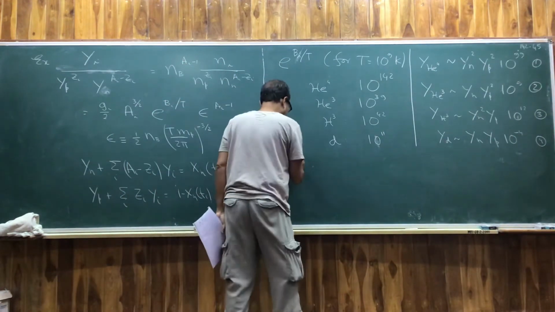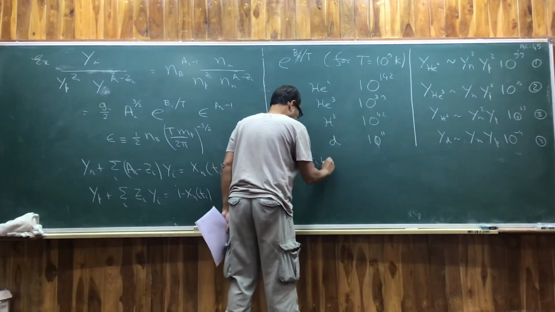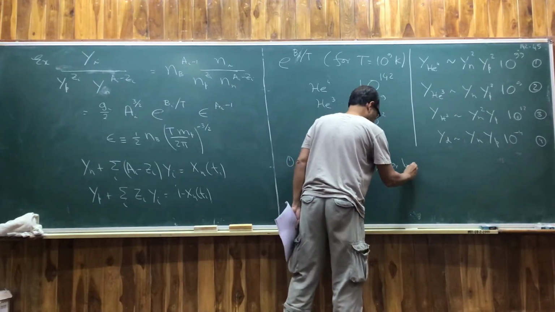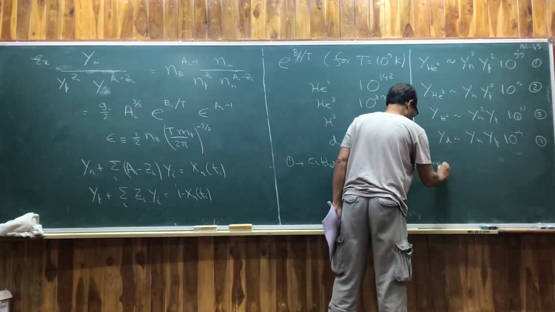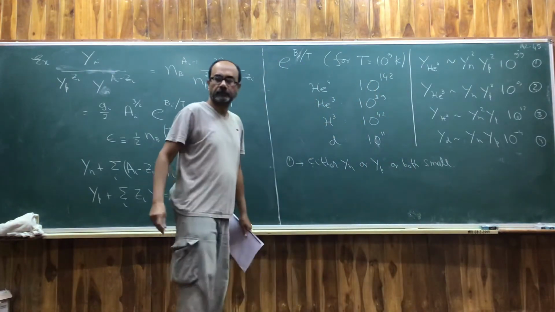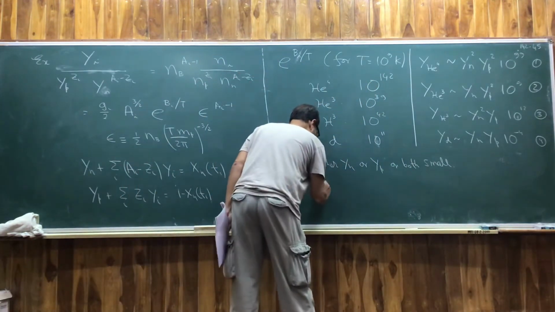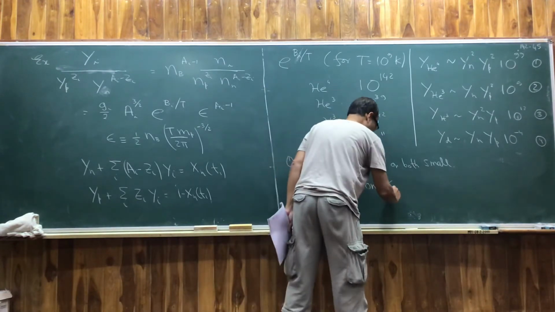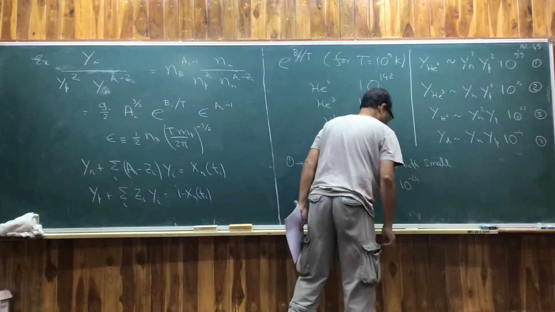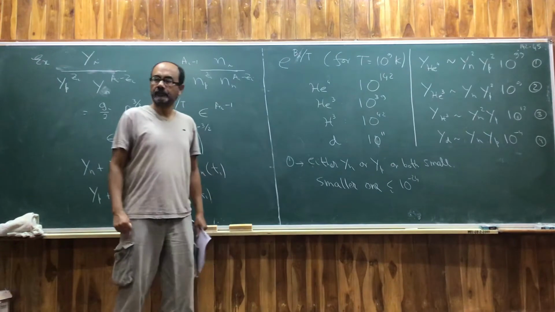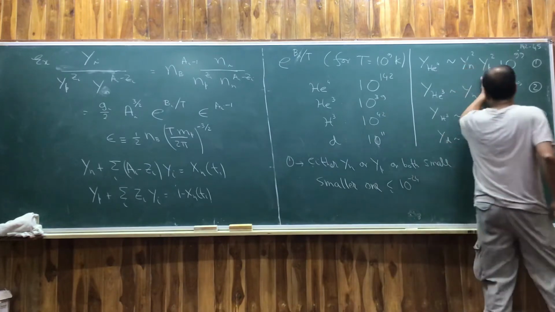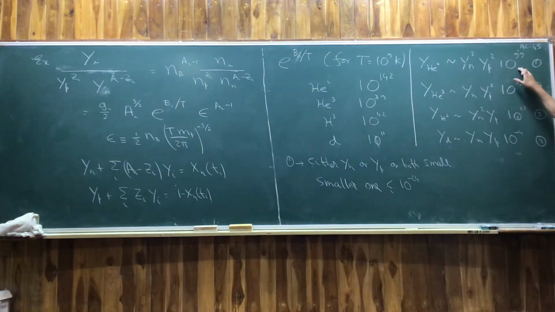So equation 1 implies that either Y_n or Y_p or both are small, and that the smaller one is less than or of order 10 to the minus 24, because 10 to the minus 24 raised to the 4th power is still smaller than 10 to the 97.